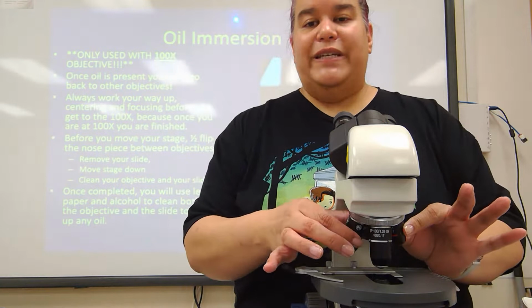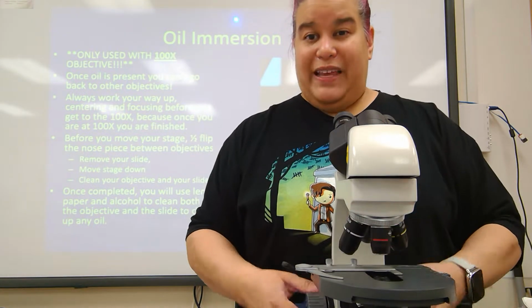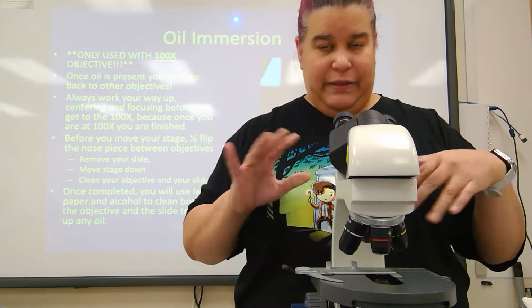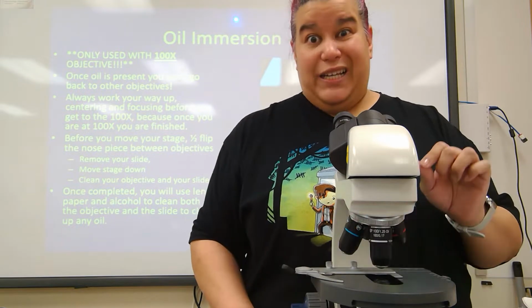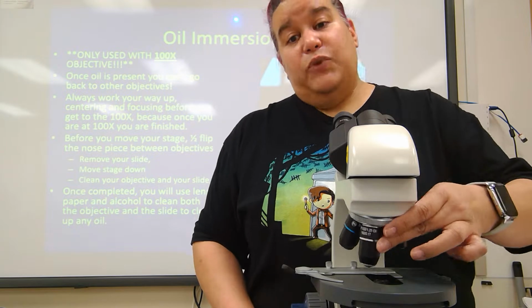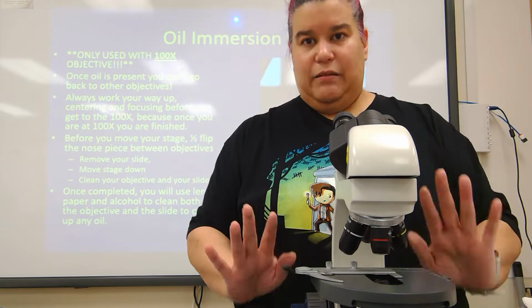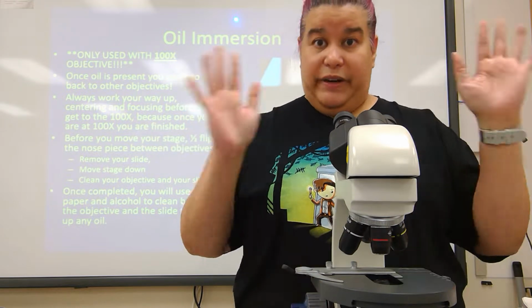You're going to rotate the 100x out of the way and put 4x there. Remember I said that no matter what I do, I'm not going to hit anything with the 4x in place, even with the course adjustment. With the 100x in place, there's a real good chance I will. So if I move it, there's no chance I'm hitting this on anything, no matter which direction I move the stage, up, down, sideways, whatever.